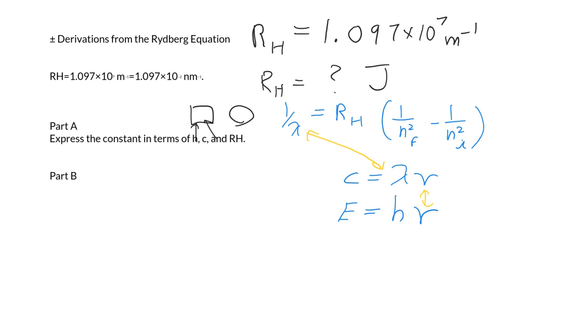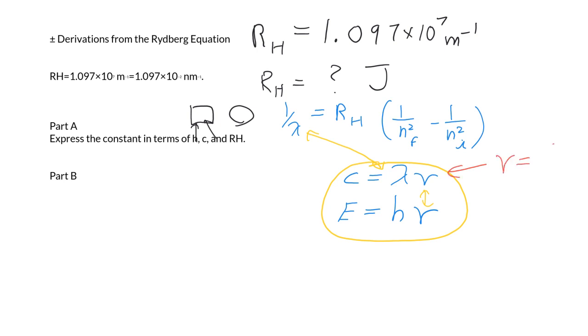Let's combine these two equations. Whenever we combine these two equations and we want to solve them for energy, we always go through frequency. So I'm going to solve my speed of light equation for frequency.